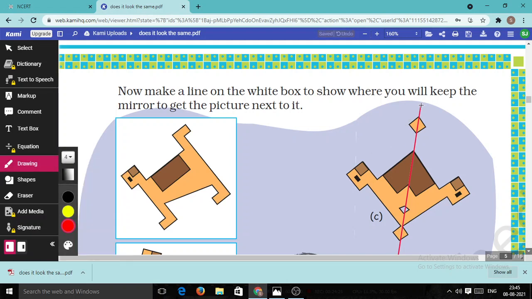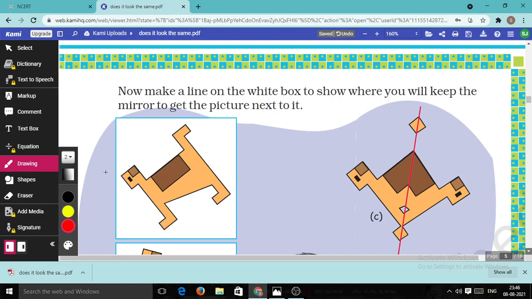Or you take like this. You can draw it like this also. I hope this line is visible. You have to draw a line like this. This line divides a mirror half.